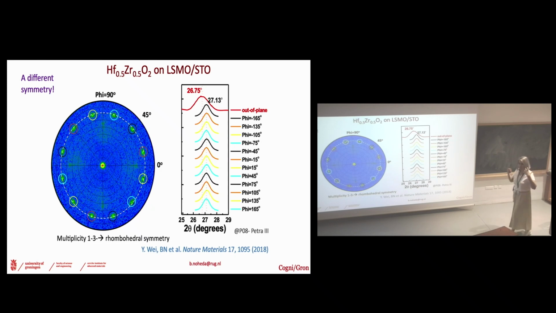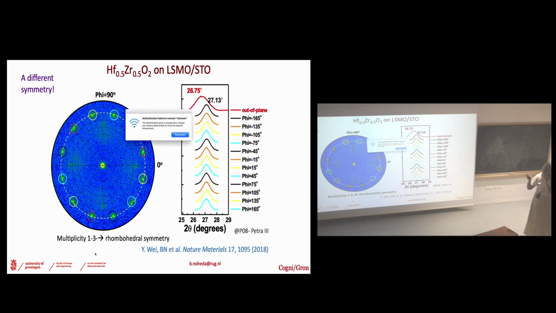So the model that we have in mind is that you stabilize the cubic phase, as reported by Alessandra Navrotsky, and it is known that if you decrease the size even further, you stabilize the cubic fluorite phase. So if during the growth you start with a cubic fluorite phase, and this cubic phase is under strain, then you can elongate the out-of-plane direction and induce a rhombohedral symmetry.